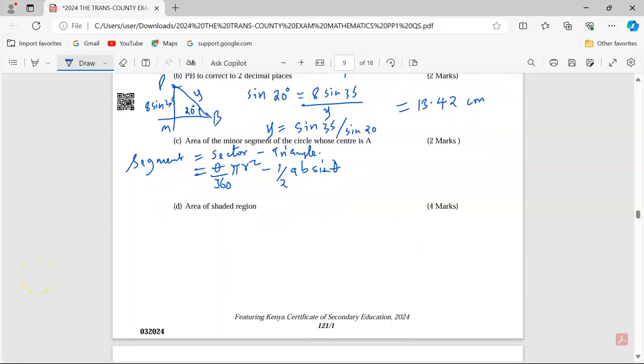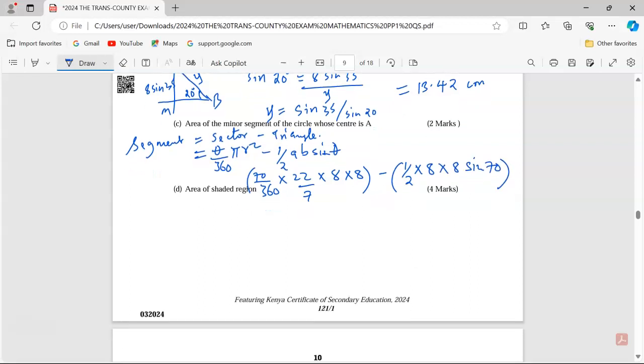Therefore, theta is 70 over 360 pi, a radius of 8 times 8. Then we subtract half times 8 times 8 times sine of the angle between the two lengths, and this is going to give me exactly 9.04 square centimeters. So that is the area of the minor segment.